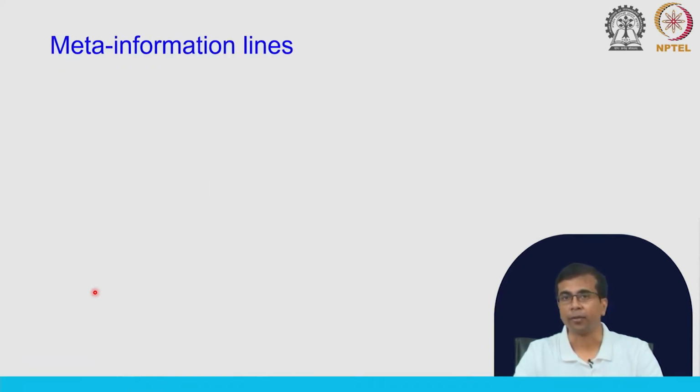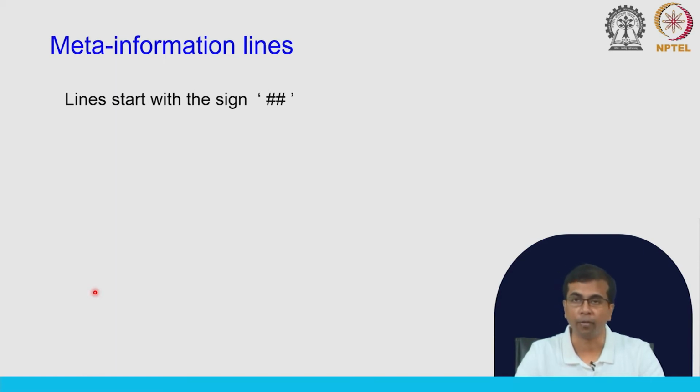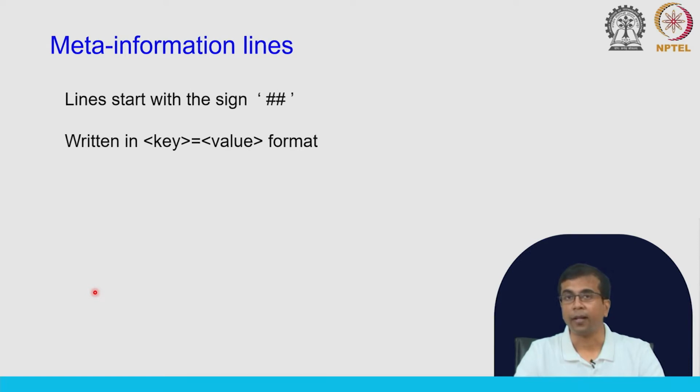We discussed the data lines, and we saw certain fields in the data lines that we did not understand completely, and I said that information will be present in the meta information lines. So, in meta information lines, the lines start with the sign double hash. We will see this in a moment when we look at the VCF file again carefully, and these lines are written in key equals to value format.